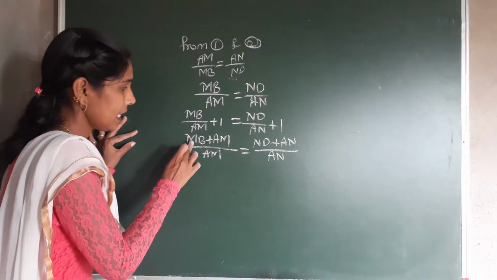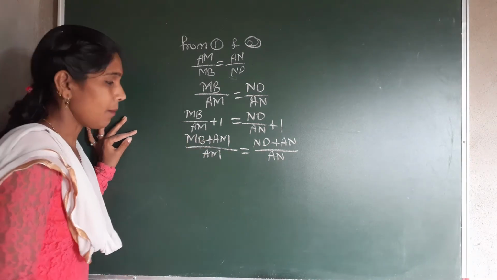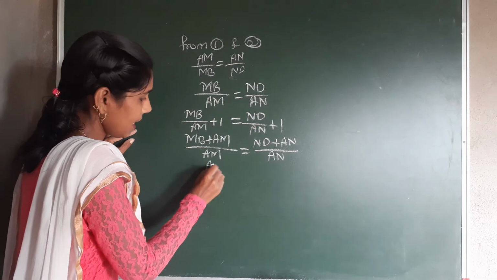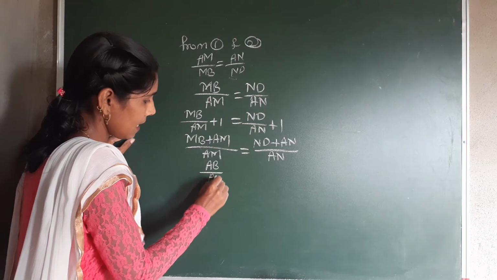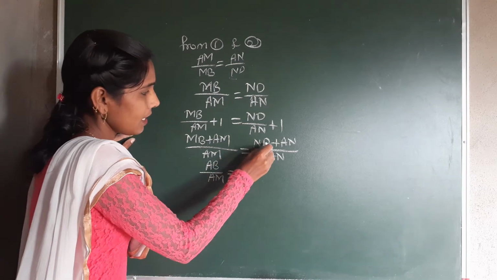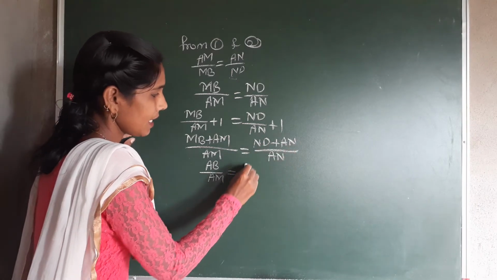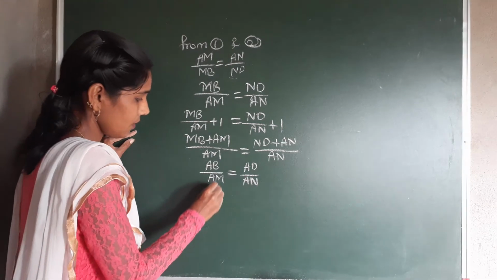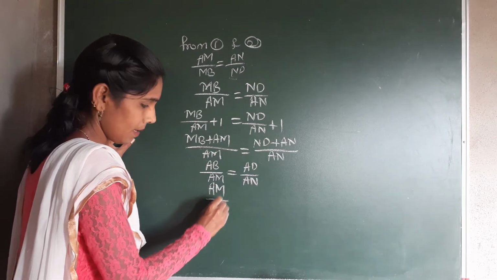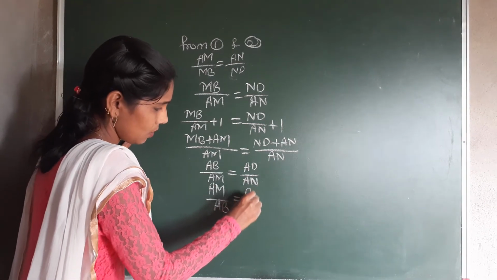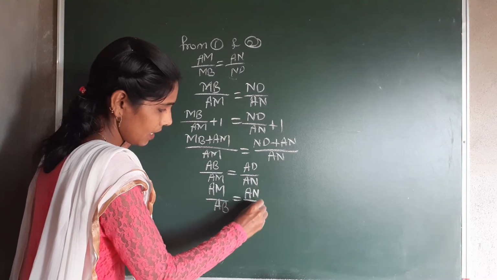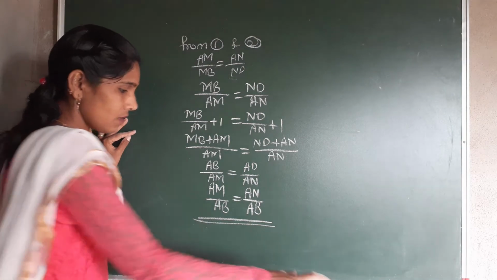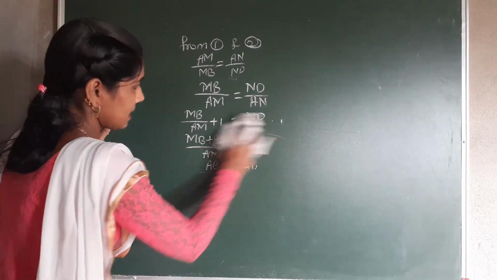We know that MB plus AM is AB, so we can write AB divided by AM, and here ND plus AN we can write AD divided by AN. This one we can write AM divided by AB is equal to AN divided by AD. This is our proof.